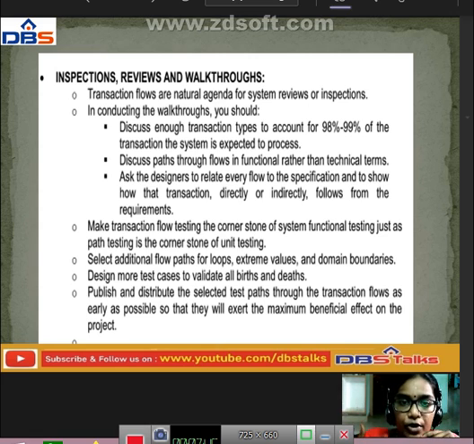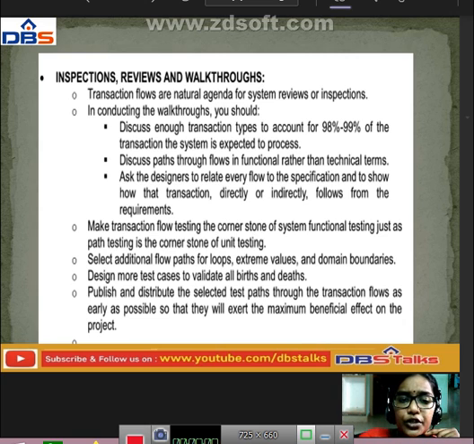For example, if you are going to perform these transactions, these transaction flows are the natural agenda for the system reviews or the inspections. You have to discuss enough transaction types to account. Basically, 98% to 99% of the transactions should be either expected or unexpected to the process. We can't say it is compulsory, or that it should be explicit. It should be an expected process there.